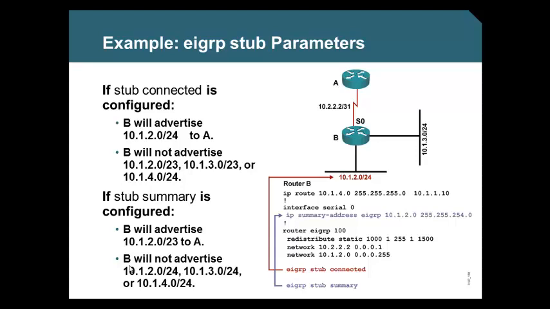When I configure B as stub summary, you see we have a manual summary route configured under serial 0. We are summarizing as /23. So only this network will be advertised. Even the directly connected /24 won't be advertised because we are configuring stub summary.